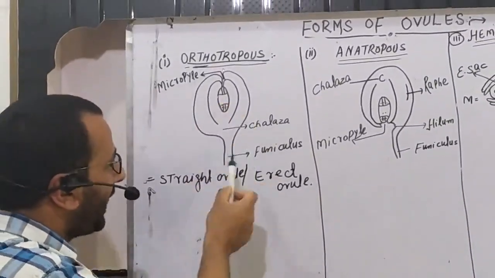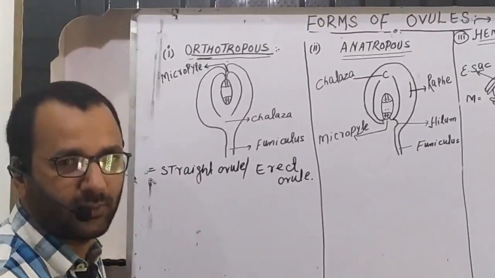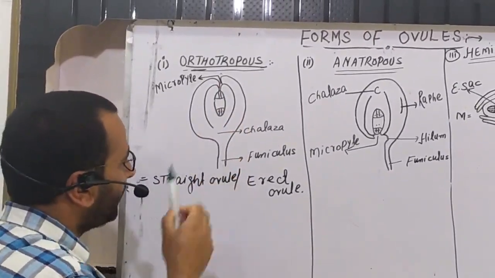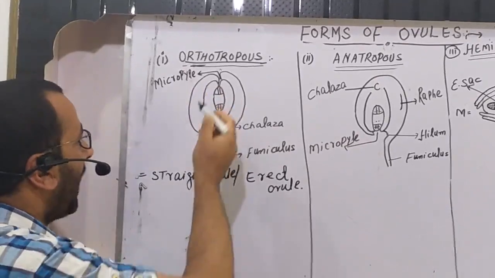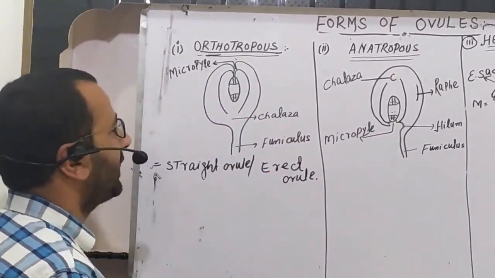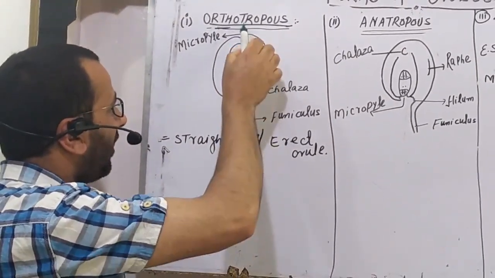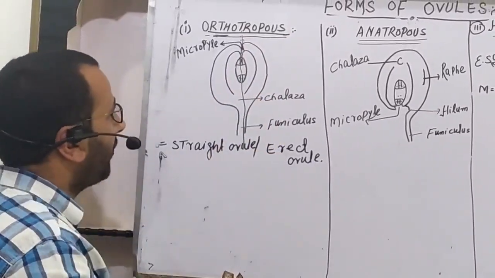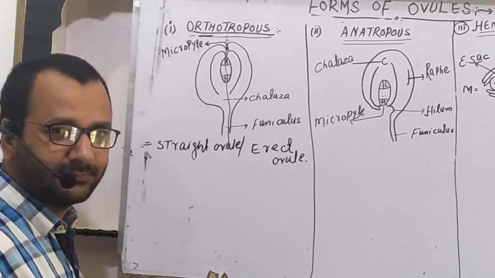As you are already aware about these structures of an ovule, micropyle, chalaza, and funiculus, if we observe this type of ovule, all the 3 structures lie in a straight line. If we draw a line over here, all the 3 will lie on this straight line.